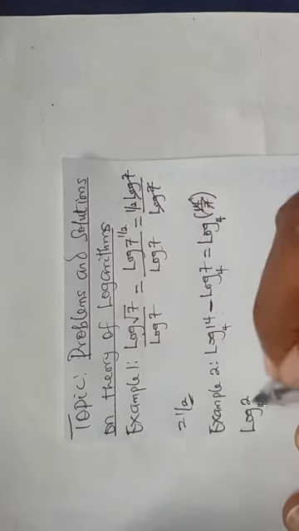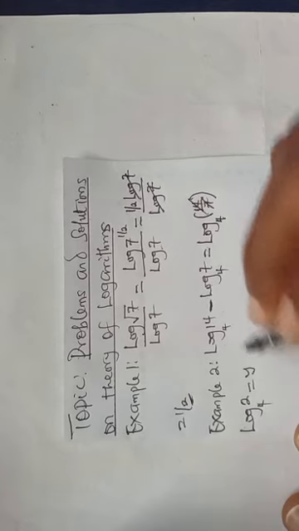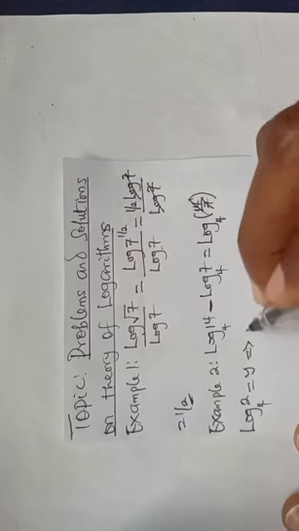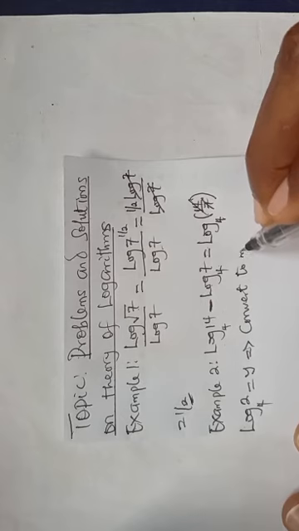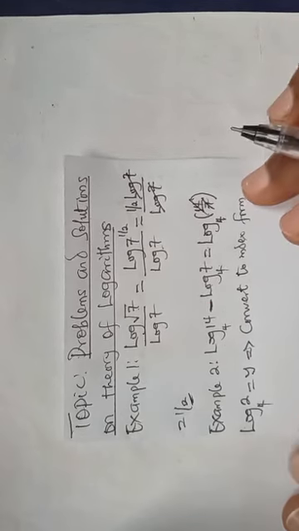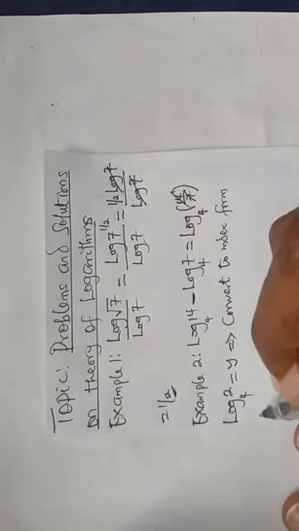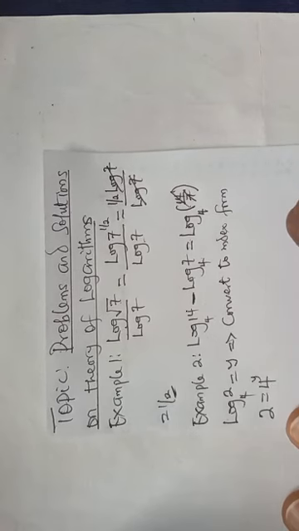Now I can say let this equal y. Now if I convert to index form, I'm going to have 2 is equal to 4 power y.